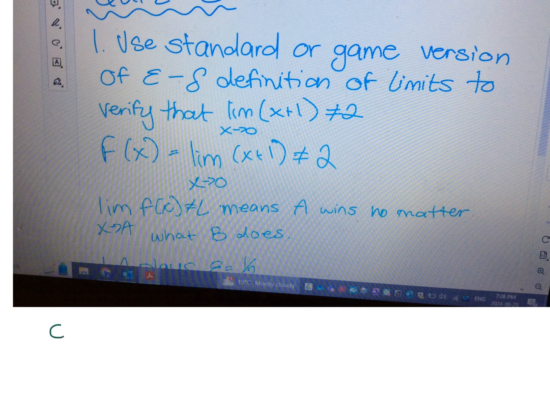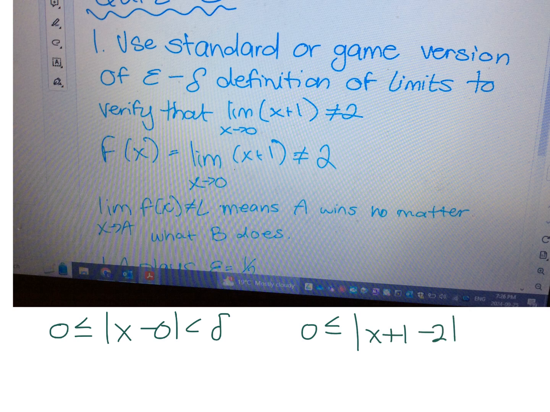I would say that the absolute value of x minus 0 has to be less than delta, and that the absolute value of f at x, which is x plus 1, minus the limit of 2, has to be less than epsilon.